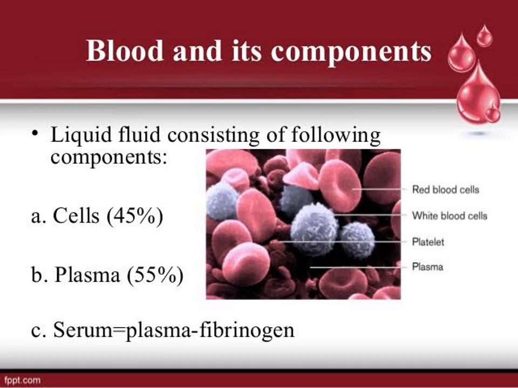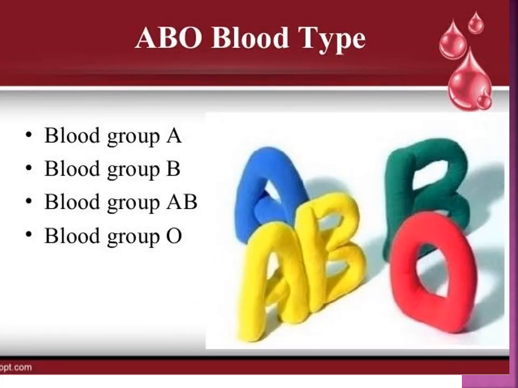This picture is the blood components. ABO blood type: this is A, B, AB and O. Its function is as the transport medium for the cardiovascular system, carrying nutrients, waste, and respiratory gases throughout the body. Very, very important points for blood function.